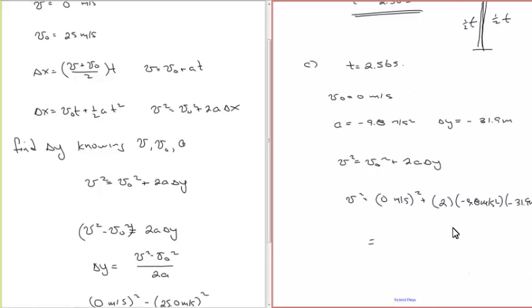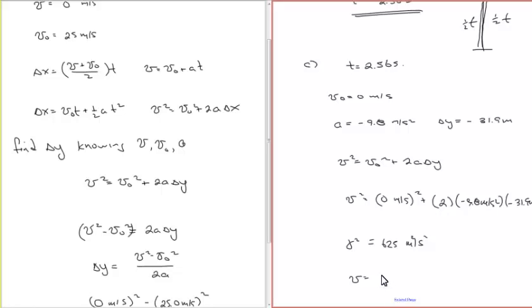And see, the negative times negative becomes positive, so we get v squared is equal to 2 times 9.8 times 31.9. The negatives cancel out, and we get 625 meters squared per second squared. So if you take the square root, the square root of that is 25.